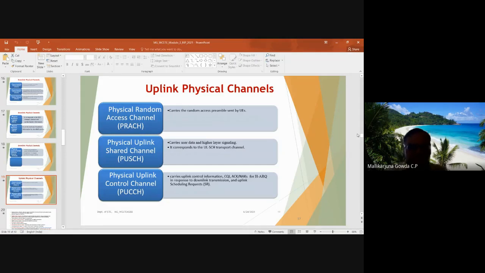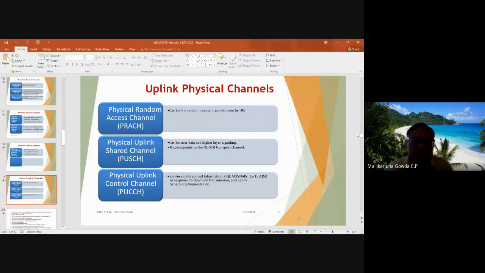In short, we denote it as PUCCH. So this physical uplink control channel carries uplink control information as well as the channel quality indicator, the CQI, right? And acknowledgement or negative acknowledgements for hybrid ARQ in response to downlink transmission as well as the uplink scheduling requests.